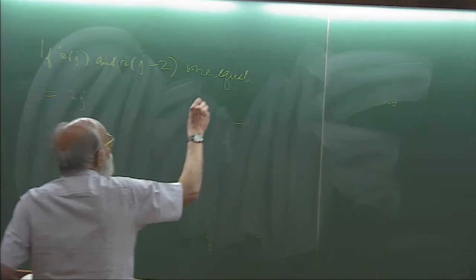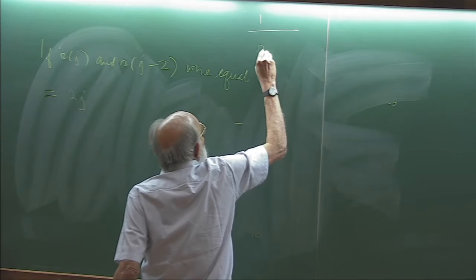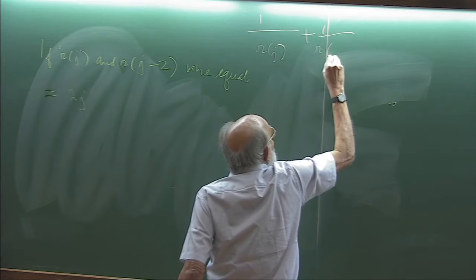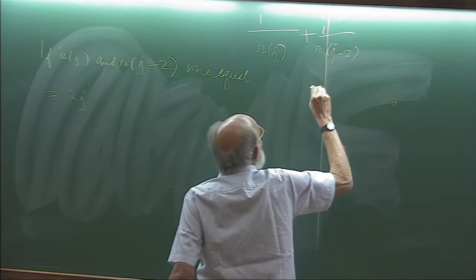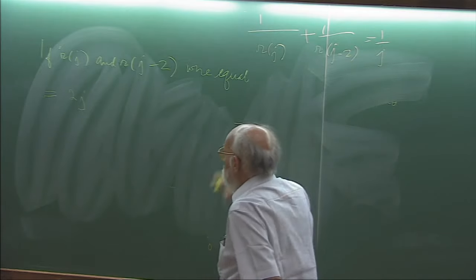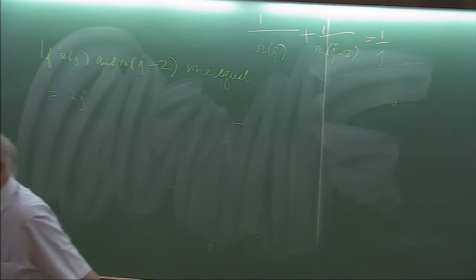That equation has disappeared, because each of them will contribute exactly the right thing. Half of 1 over j plus half of 1 over j is 1 over j.